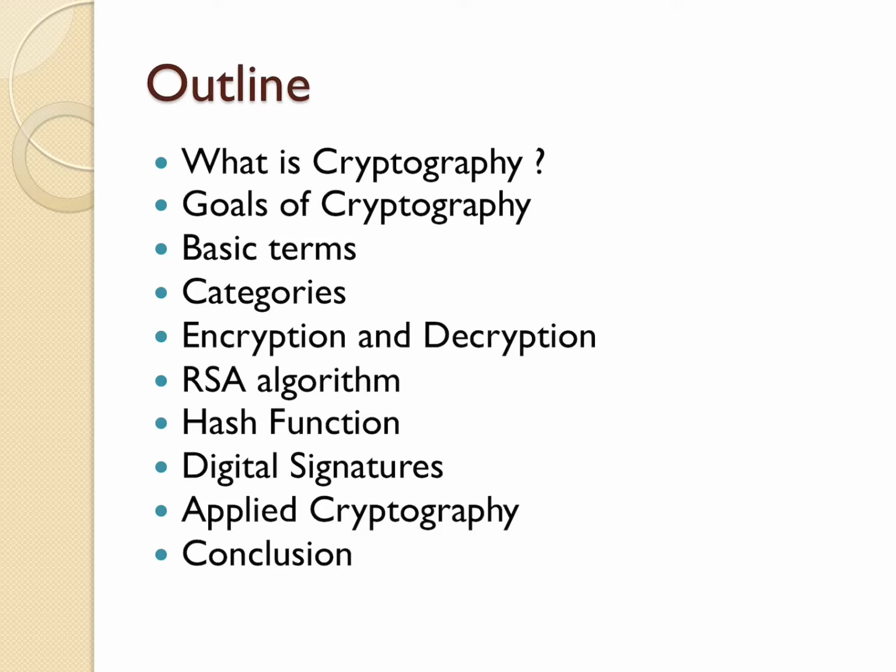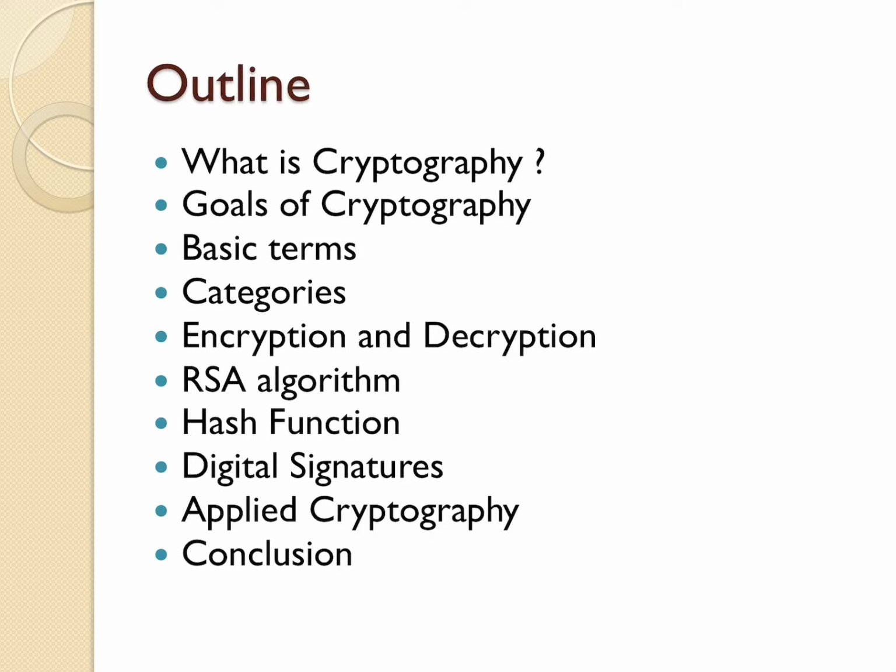In this presentation, first we are going to see what is meant by cryptography and what the goals of cryptography are. And we are going to see some basic terms we use in cryptography: what is meant by encryption and decryption, what is meant by plain text and what is meant by ciphertext.